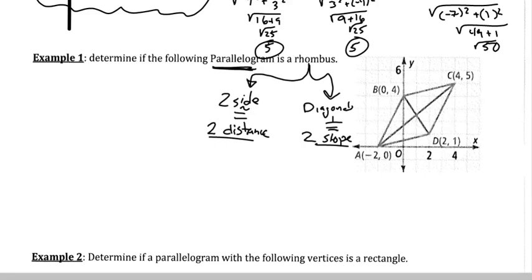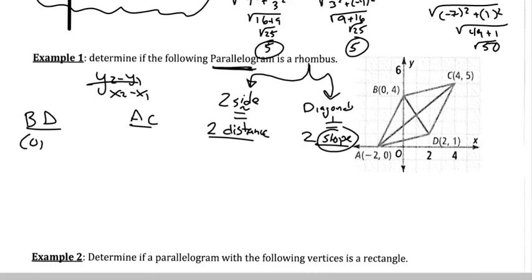Personally, for me, I think slope formula is way easier. y2 minus y1 over x2 minus x1 versus the karate rabbit. Oof. So what I need to do is I have to show that the slope between B and D is an opposite reciprocal as A to C. So let's show the slope from 0, 4 to 2, 1 is an opposite reciprocal, or check if it is, from negative 2, 0 to 4, 5.